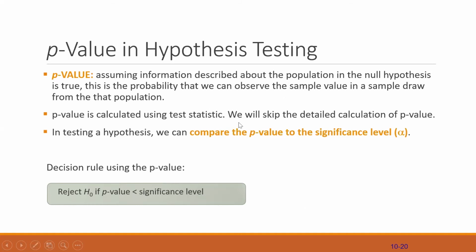We will not talk about how to calculate the p-value, but the p-value does use the test statistic. That's our piece of evidence, right? When we use the p-value, as said, if it's unlikely to observe a sample mean as low as 48.6, we will reject our assumption.